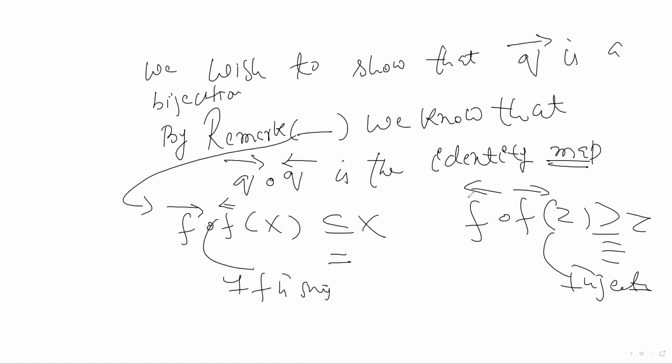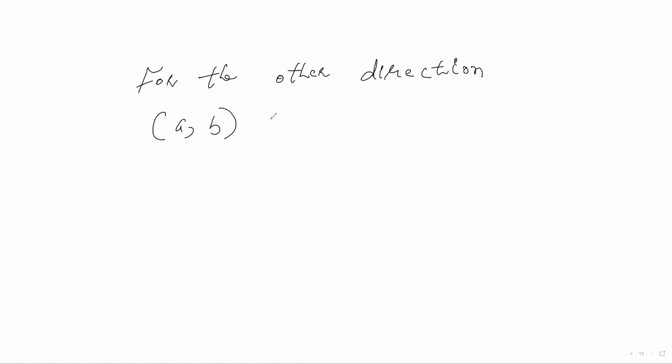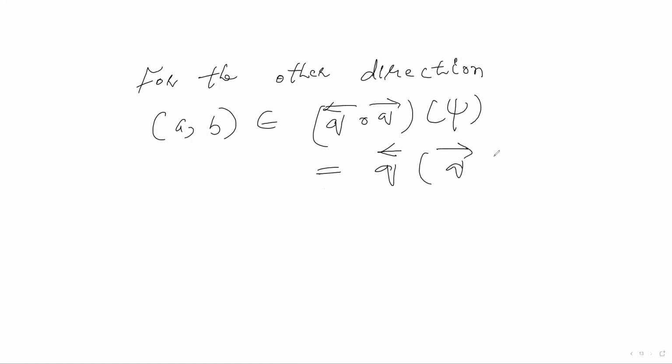Okay. Now for the other direction, if I take A comma B belonging to Q backward arrow composition Q forward arrow of any psi, because Q acts on congruencies, so I have to take this type of inclusion, which is equal to Q backward arrow of Q forward arrow of psi.